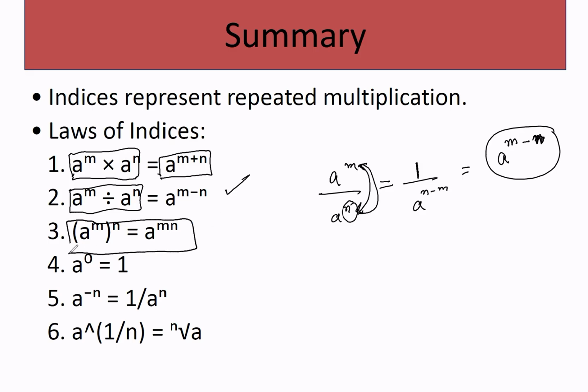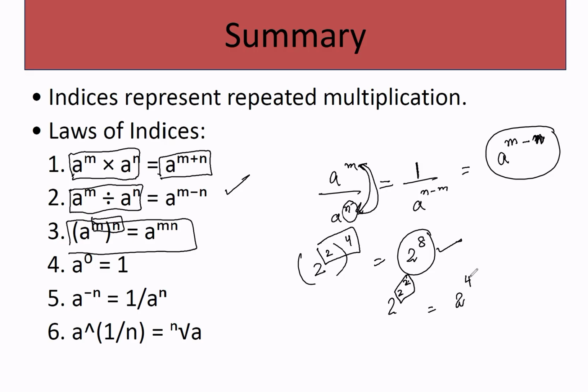Now a power raised to a power means that the powers are going to multiply. In brackets, like (2 squared) to the power 4, it will become 2 power 2 times 4, which is 8. So 2 power 8 is your final answer. But if there is no bracket, like 2 to the power 2 to the power 2, then what happens? This is 2 power 2, which is 4, and then 2 to the power 4.